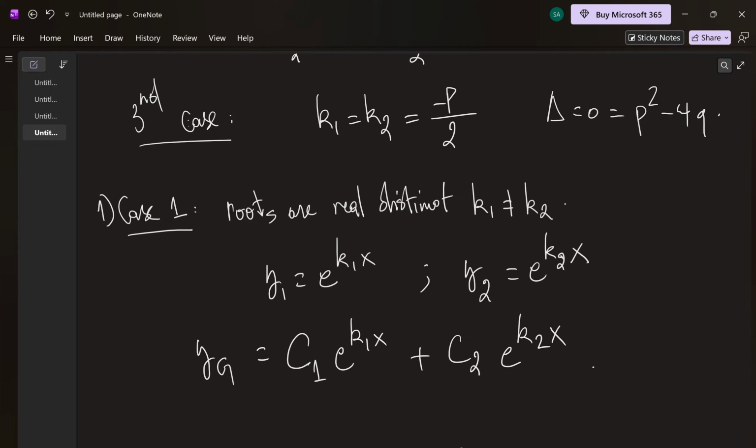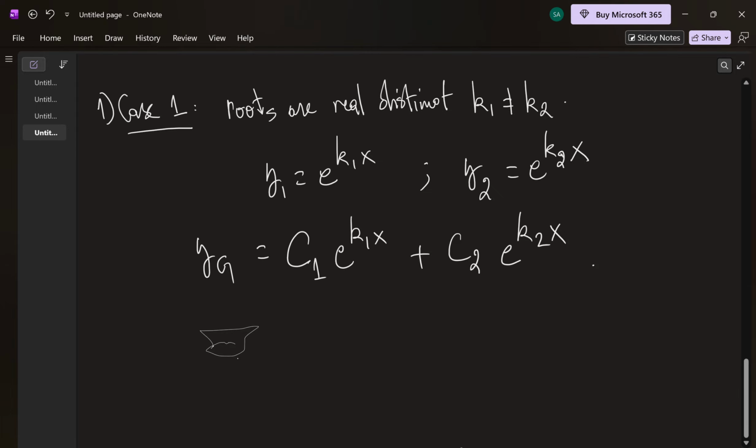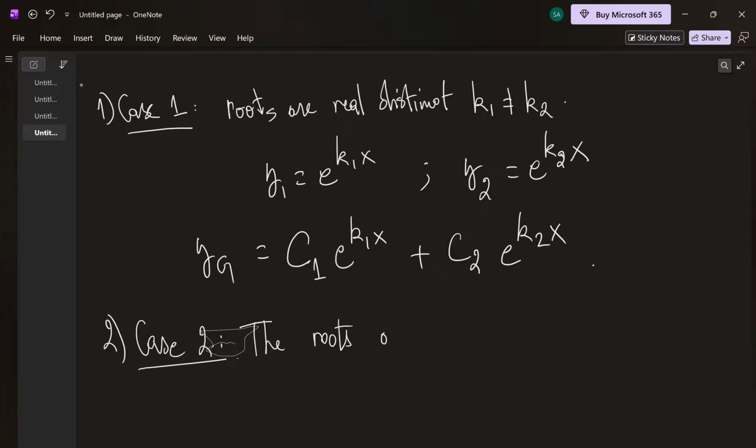The second case. Case 2 is when the roots of the equation are complex.